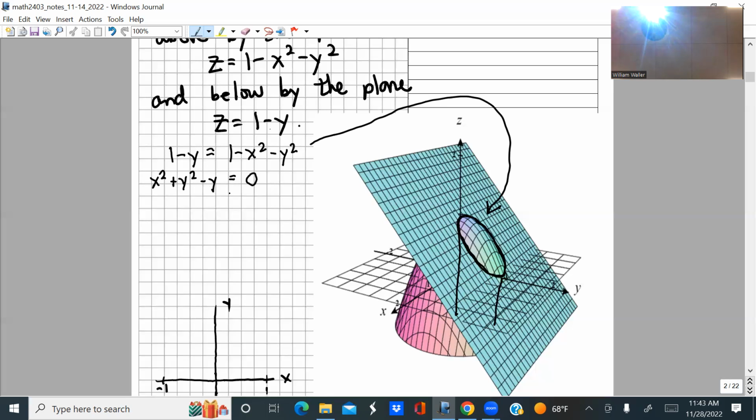We can figure out why this is a circle by completing the square on the left-hand side here. You don't have to complete the square on the x squared, because x squared is x minus 0 squared. But on these two terms, you need to complete the square. So let me group the y terms together and add a little space.